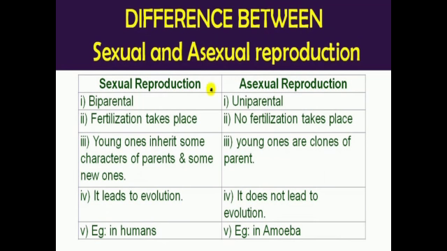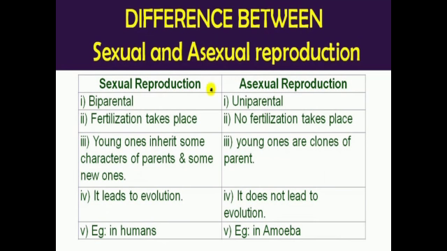In sexual reproduction, young ones inherit some characters of the parents and some new ones. The offspring that is produced, the child that is delivered, has some characters of the parent and some new characters. While in asexual reproduction, young ones are clones of the parent, exactly similar copies of the parent.